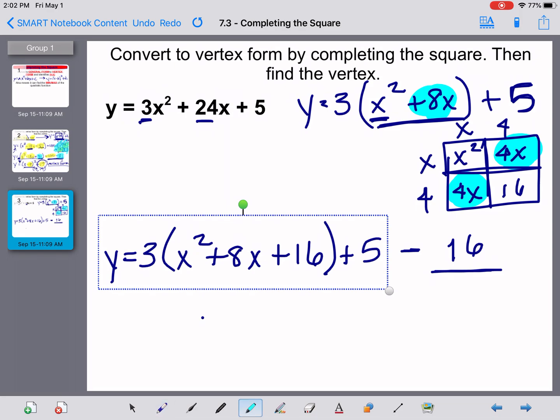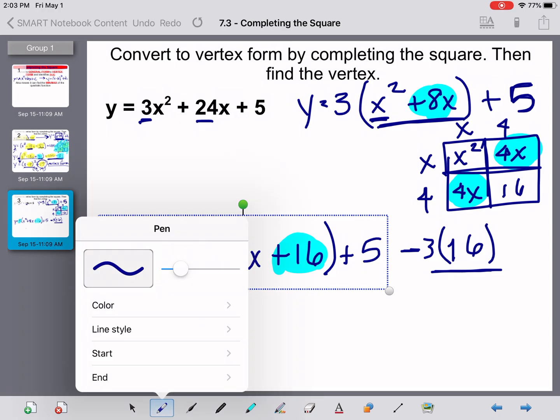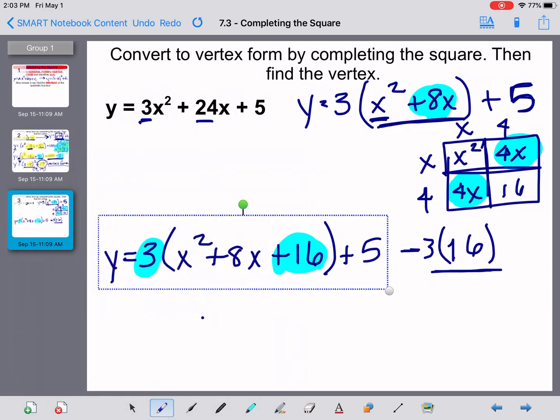Because the value that I added to this is not just 16. What I added is 3 times 16. So I need to do the same thing over here, which means this is really not just 16, but it's really 3 times 16 because of my coefficient that I have out front. So that really means that instead of 16, this is 3 times 16, which is 48.